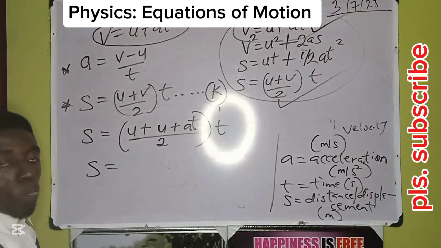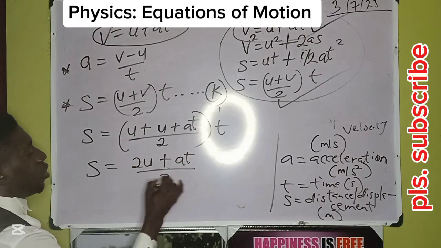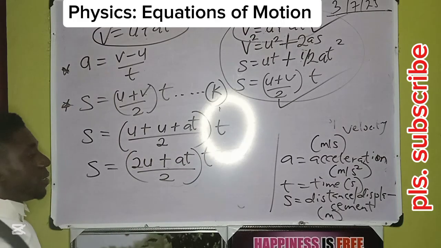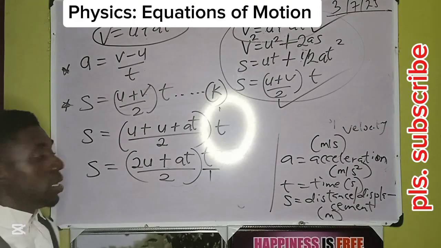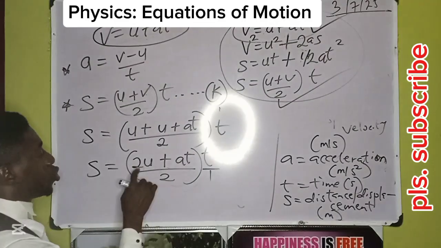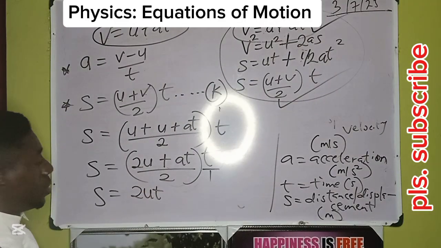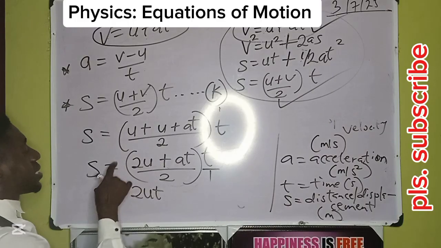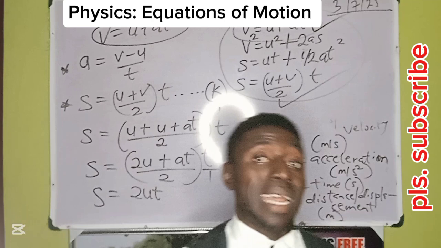U plus u, 2u, plus at, all over 2, all multiplied by t. We'll continue with the mathematics. This over 1. T will open the bracket. T will multiply both terms. 2u times t, 2ut. Plus times plus. There is plus outside here. So when plus comes first, it's not indicated, but when minus comes first, it must be indicated.